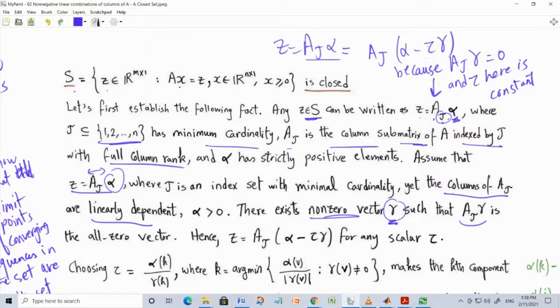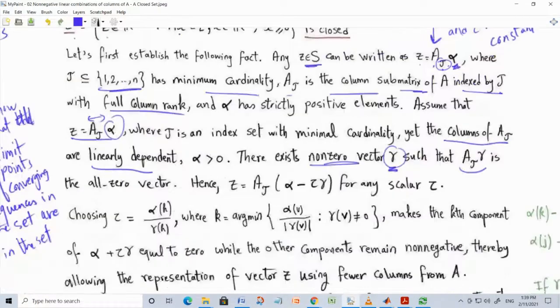So what we will do is strategically choose a value of tau such that this vector alpha minus tau gamma remains a non-negative vector, but with one or more zero components, which means that we can express Z as a positive linear combination of fewer columns of A. And the value of tau that achieves this is simply this value.